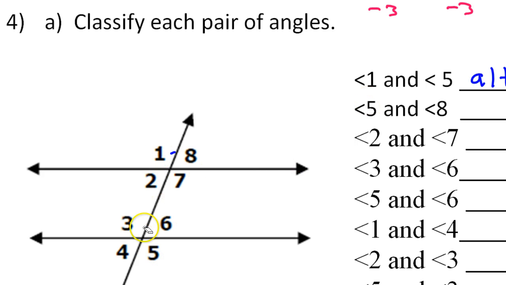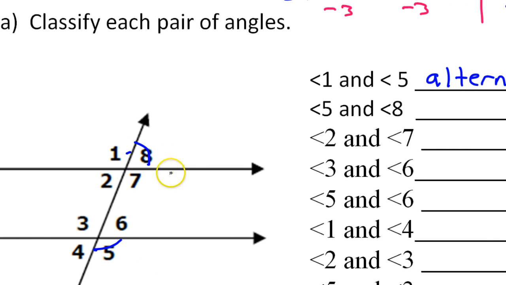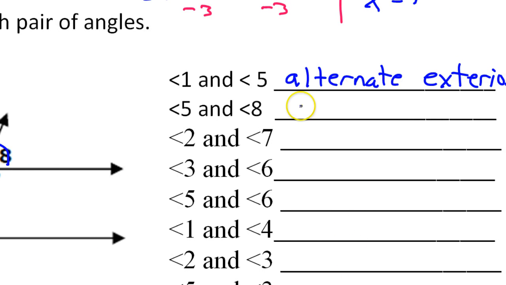Anyway, 5 and 8 are these right here. There's no special name for that. If I was making one up, they would be same side exterior, but that's not a thing. I'm going to put not applicable.